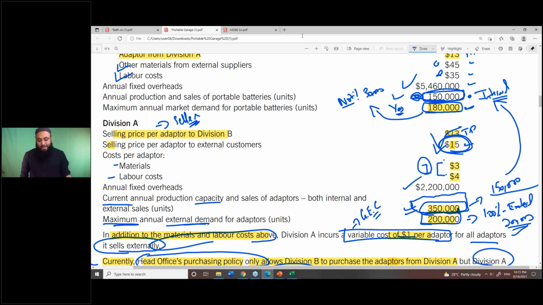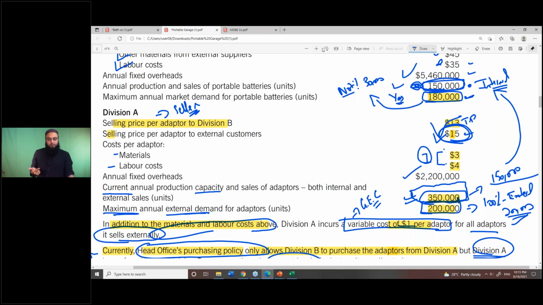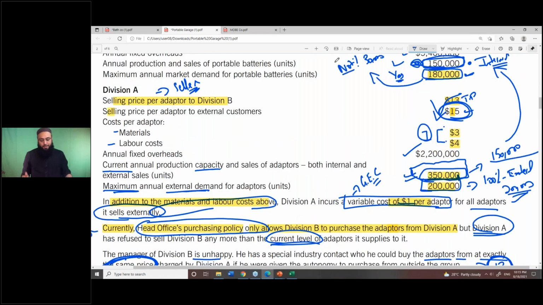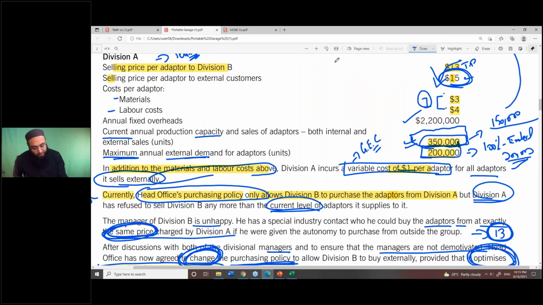And is there any internal saving? Yes, because if you sell internally, you get $1 saving. So external selling price less internal saving. Are you understanding my point? Be patient and listen. Let me complete it.